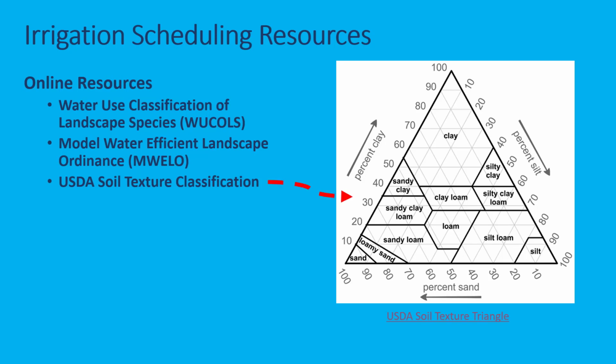The USDA soil texture triangle can be used to approximate the soil's response to environmental and management conditions. For irrigation scheduling purposes, it can be used to estimate the infiltration rate and the available water holding capacity of a soil. Links to irrigation scheduling resources are available on the HORT 58 Canvas webpage.